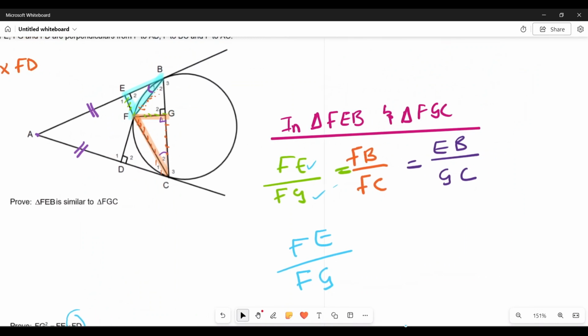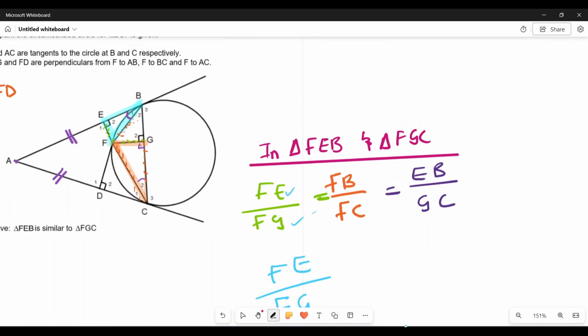So what are the other triangles that we have in this diagram? Let me just erase here and highlight the two triangles that I'm going to prove are similar. So here I have triangle FDC highlighted.